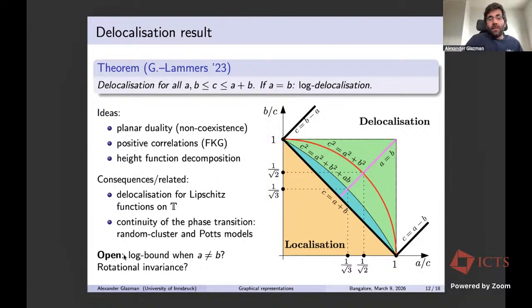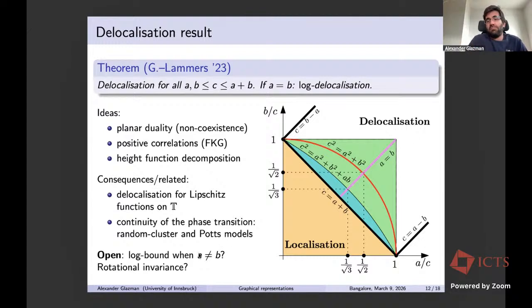So what remains open, somewhat shamefully open, is this logarithmic bound on the correlation, the delocalization, for A different from B. It's known that on this pink line you do have logarithmic variance, like you should in something which should converge to the GFF. But outside this line we don't know this.